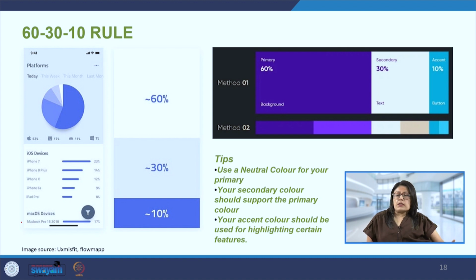So you may have visited some homes, maybe some shopping centers where you will see that there is a color which is very dominant in the surrounding, in the interior. So for example, you will see probably that there is a white color, off-white color on the majority of the walls, and then on some walls we see maybe a grey color, and then on one wall we'll see a splash of orange.